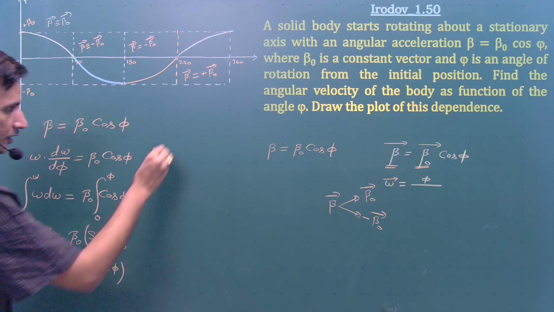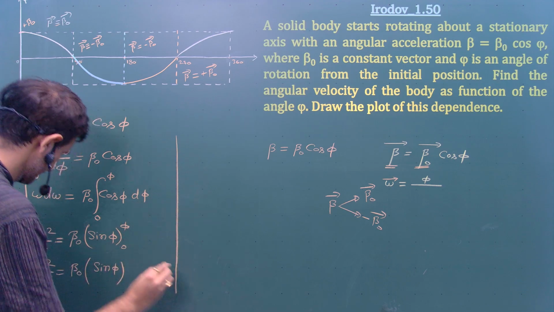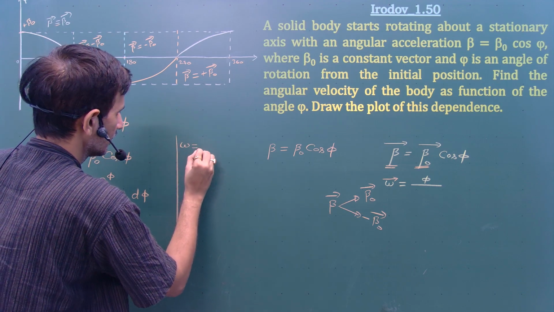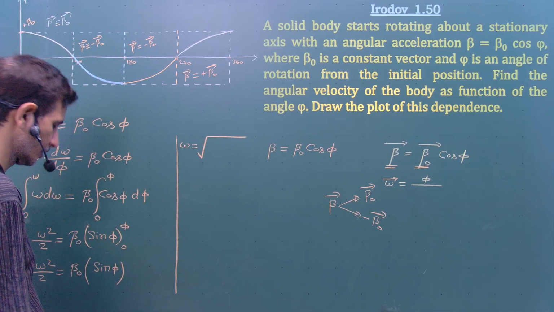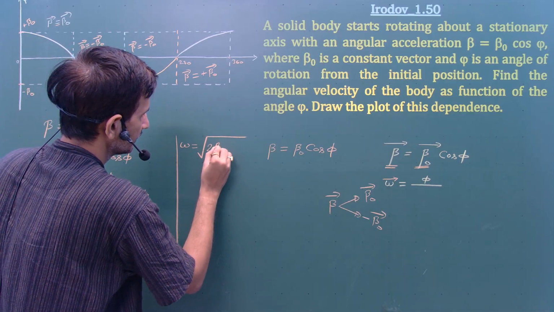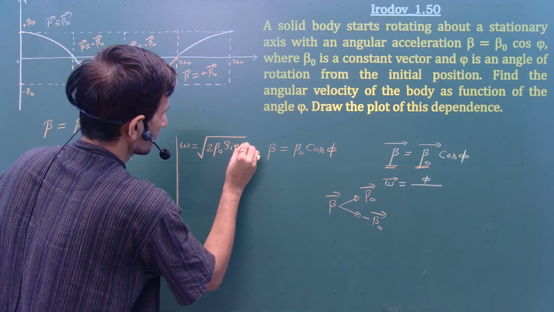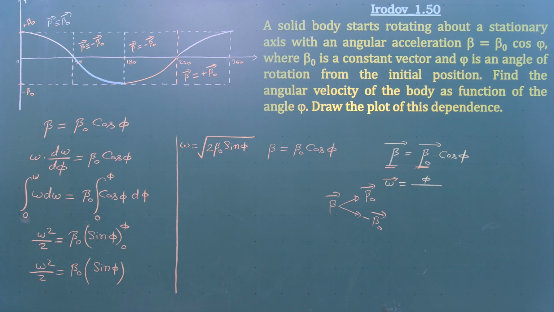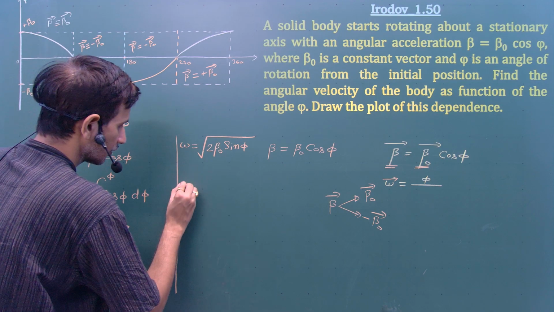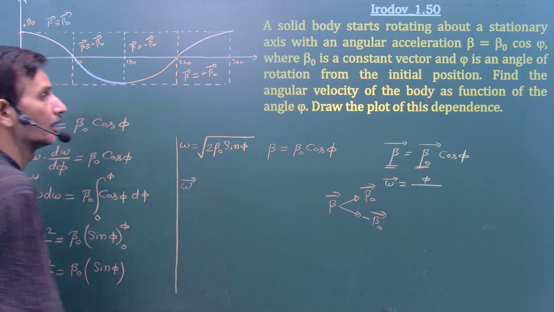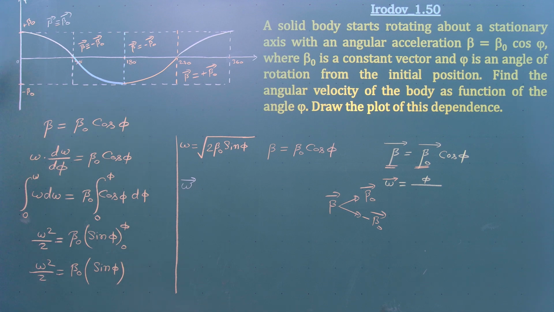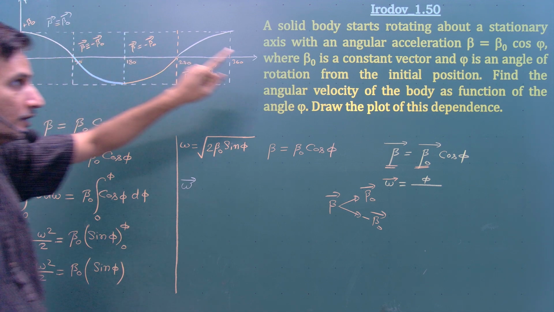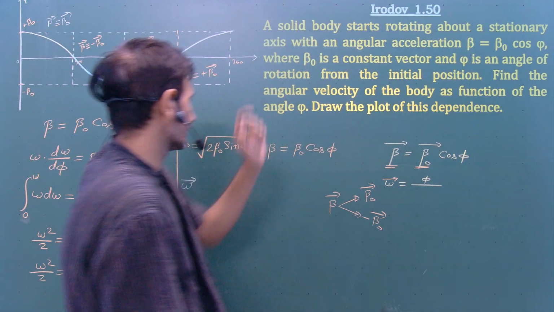So the equation of omega is under root 2 beta naught sin phi. Now what is the direction? The direction of omega should always be in the direction of either beta or opposite to beta, because the axis is fixed, a stationary axis.